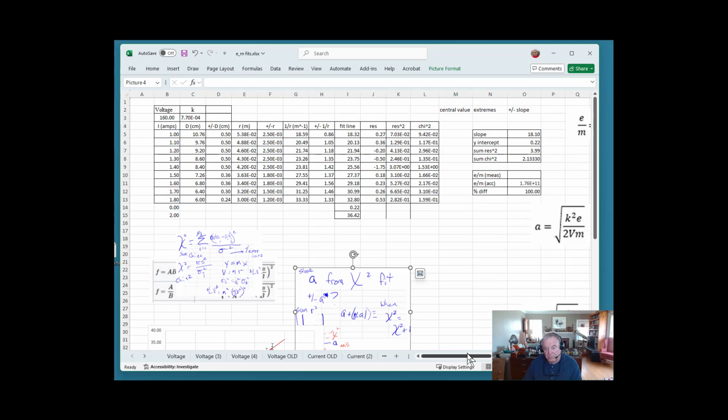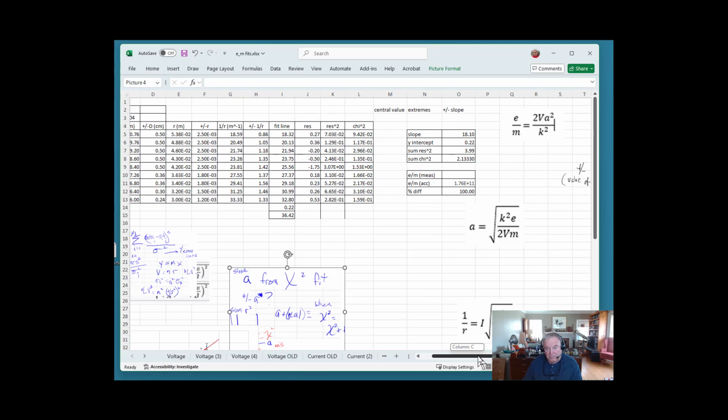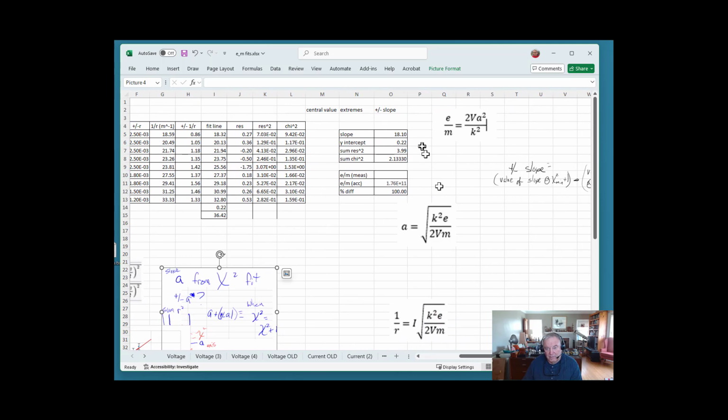But if we assume it's symmetric, then whatever we get for the extreme value is what we'll say is both. It's either the positive or negative. You'll see in a minute. Okay.